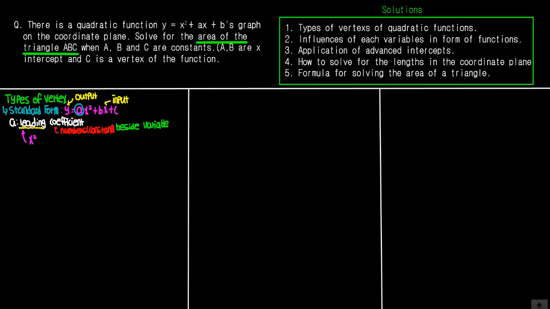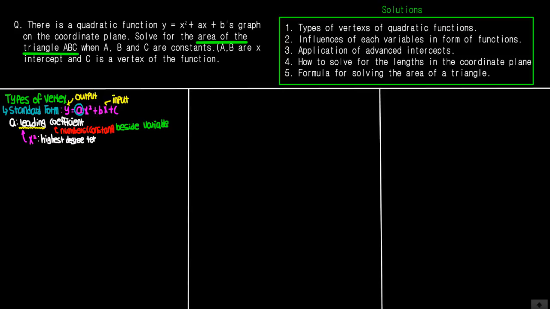The reason is that the highest degree power term in our quadratic function is going to be the x squared because it is a quadratic function. So the highest degree power term is going to be the leading term.